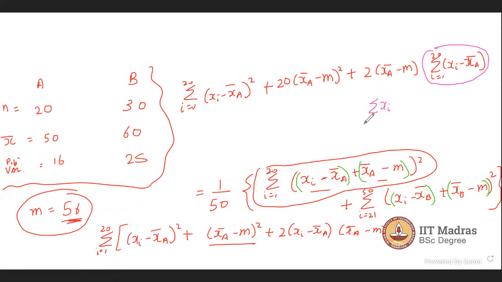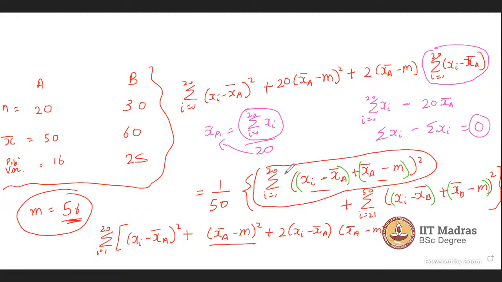This will be summation xi minus 20 times xa bar, right? Xa bar is the sum of those 20 divided by 20. So 20 times xa bar is this thing. So it gets cancelled out, right? So it becomes 0. So this whole term becomes 0. So I'm left with only this thing here.